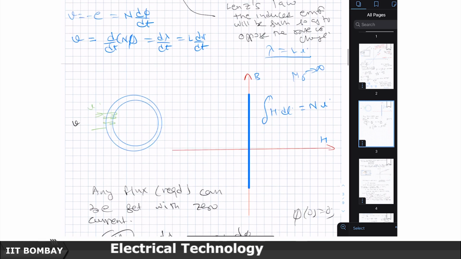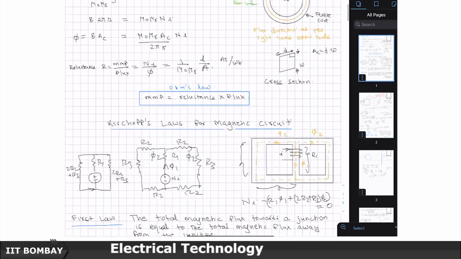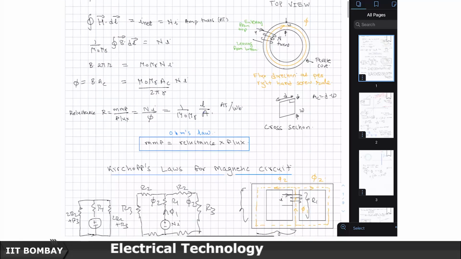So, let me get back now to that Ampere's law which I want to use. We have said that the closed integral of H dot dl is equal to n times I, which is I net. Instead of H, I can write B by mu 0 mu r. This is assuming that it is a linear material. Non-linearities we will discuss later on.